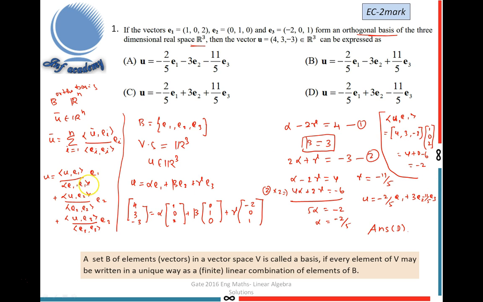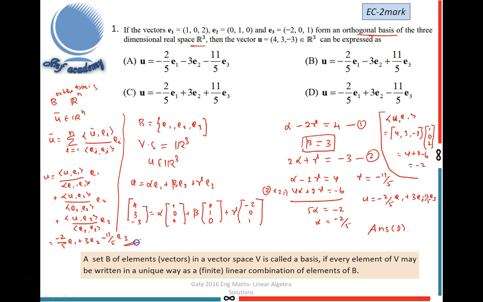The inner product of E1 comma E1, with the same elements, E1 transpose into E1, is 5. So finally I got minus 2 by 5 E1, plus the inner product of U comma E2, which is 3, and the inner product of E2 comma E2 is 1, so 3 E2, and the inner product of U comma E3 is minus 11 with E3 inner product 5.